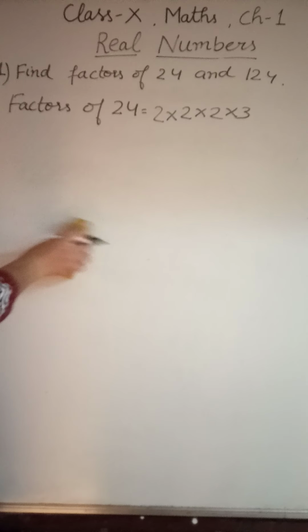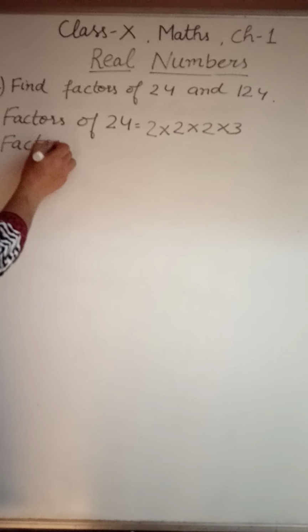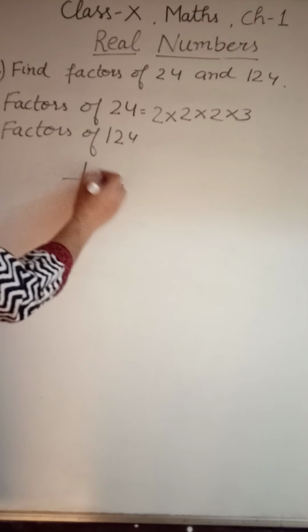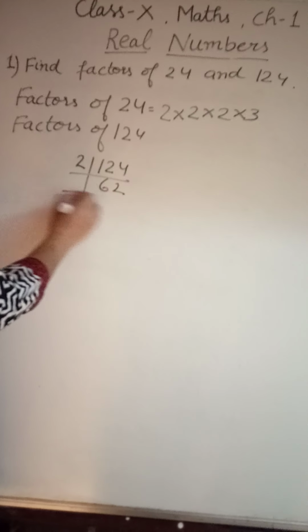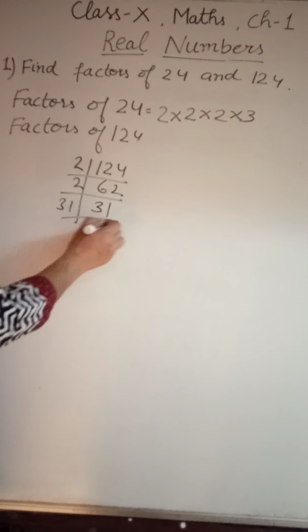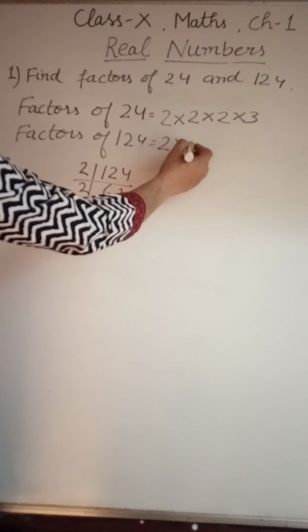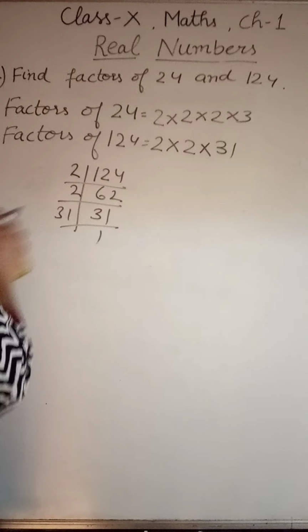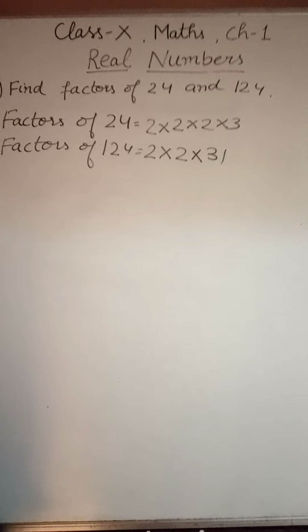Then factors of 124, same way. Since 31 is a prime number, it is not divisible. So factors of 124 are 2 into 2 into 31. So very easily you must have obtained the factors.